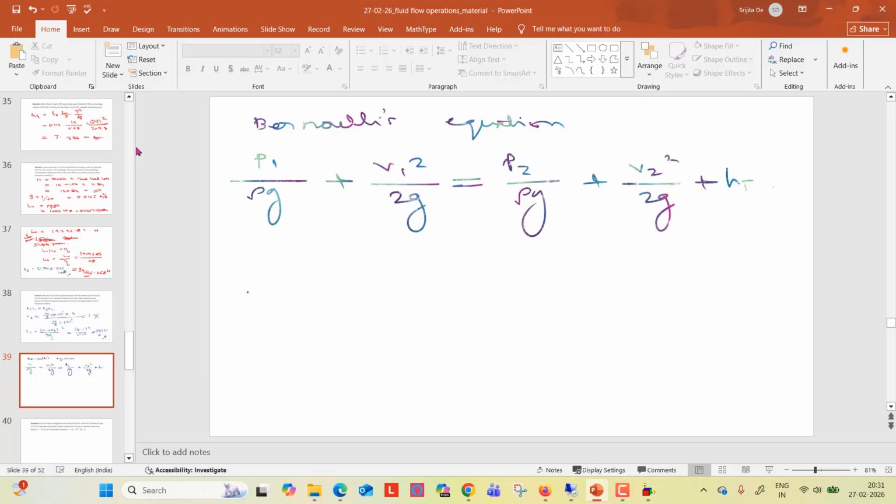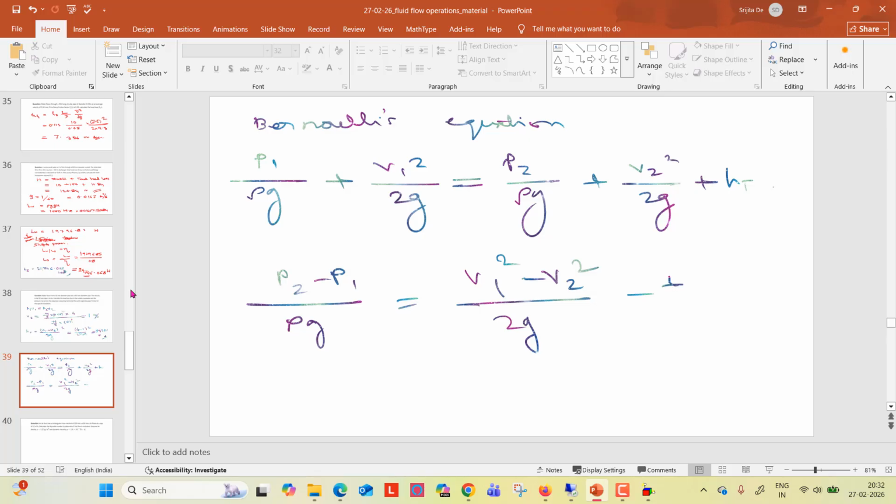So pressure rise will be P2 minus P1. P2 minus P1 by rho g equals V1 square minus V2 square by 2g minus hd.